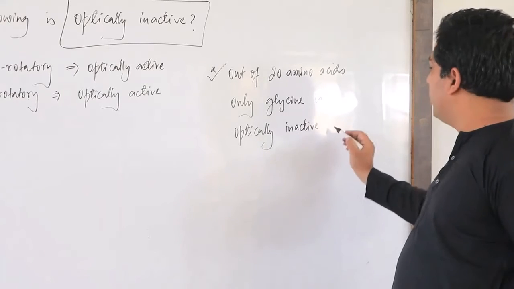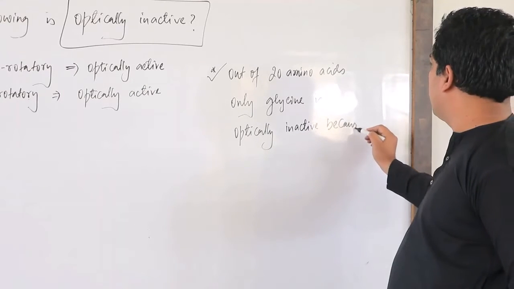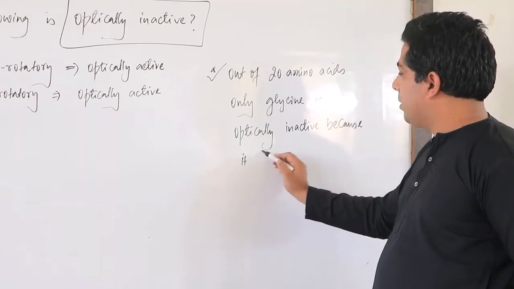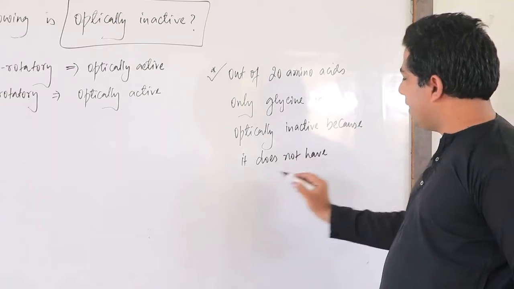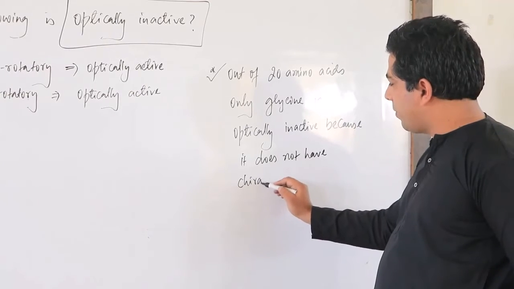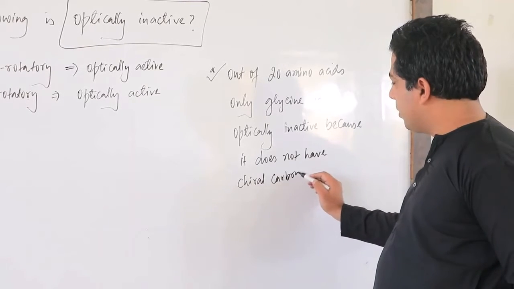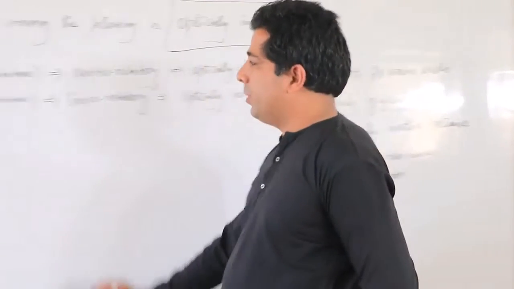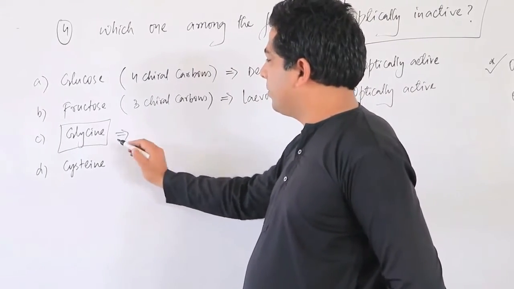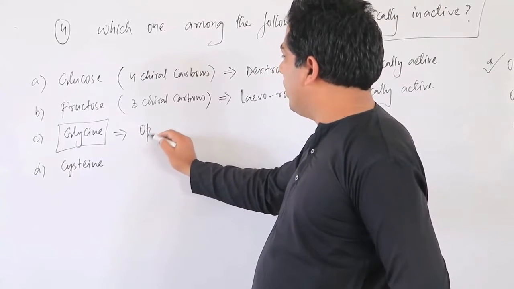Why? Because it does not have a chiral center, or you can say it does not have a chiral carbon. Glycine does not have a chiral carbon, so it's optically inactive. So this one is optically inactive.